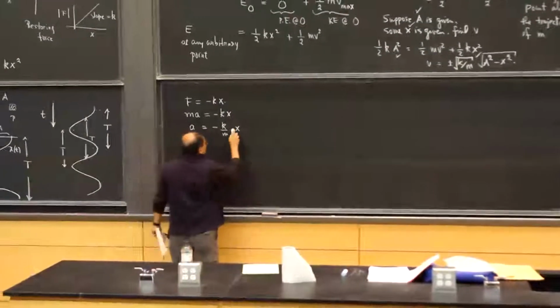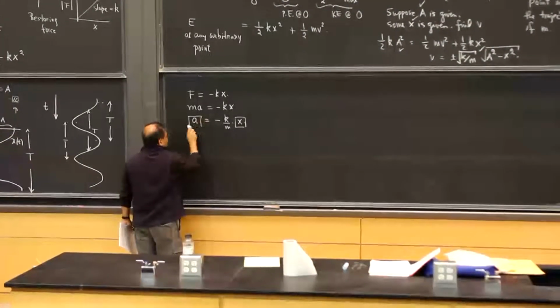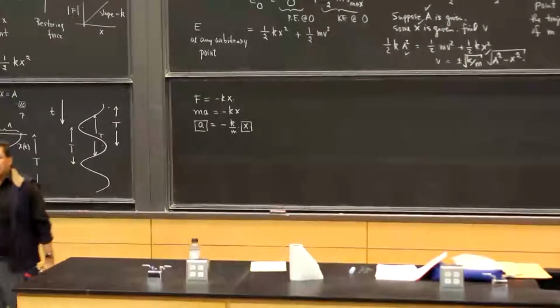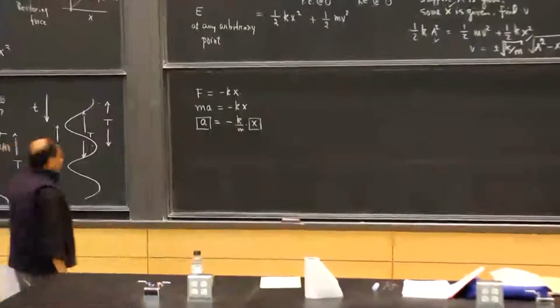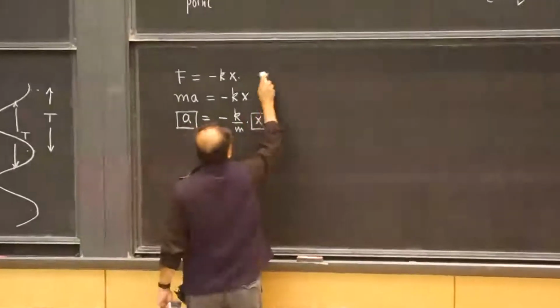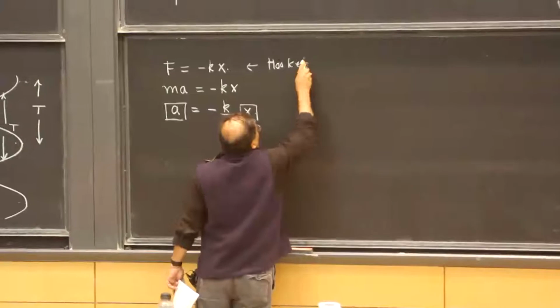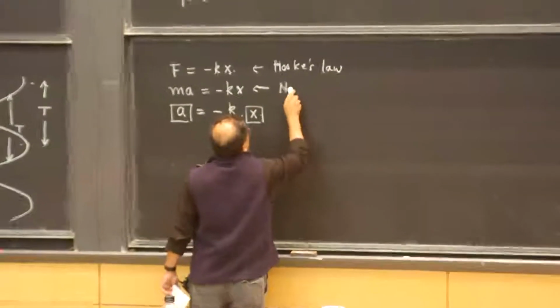So if I know x, that means I know a, because x and a are related by the multiplier minus k over m, as per Newton's second law. So this is Hooke's law for you. And this, of course, is Newton's second law.